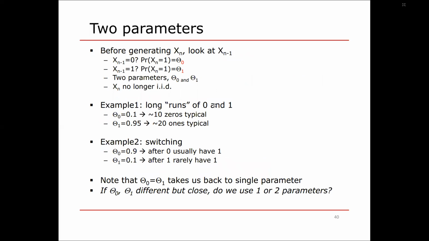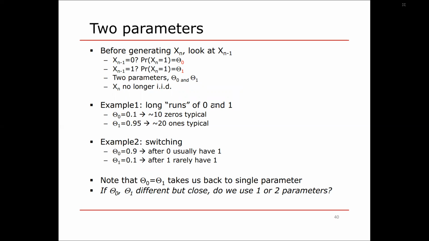Moving to two parameters, before generating the sample xn, you consider the previous sample xn minus 1. If xn minus 1 is equal to 0, the probability for the next sample xn being equal to 1 is theta 0. Earlier we had theta, now we have theta 0 when the previous sample was 0. And if the previous sample was 1, the probability for the next sample to be 1 will be theta 1.